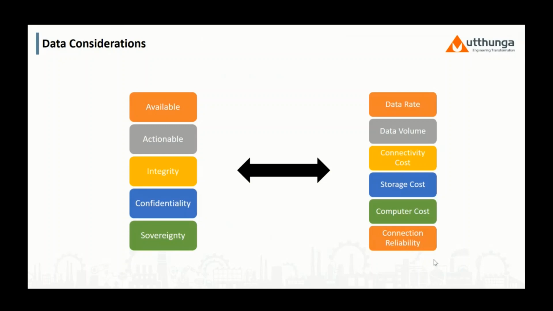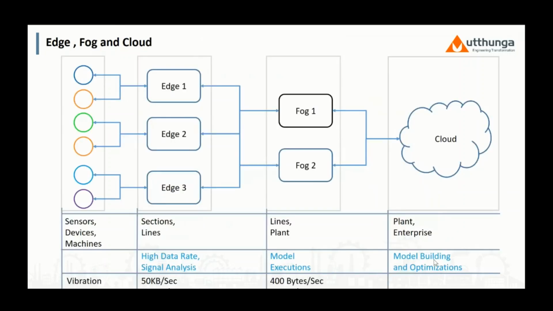And then we have to talk about connectivity cost, storage cost, compute cost, and connection reliability. So once the functional aspects of data are defined, and the technical and commercial challenges are there, that is where the decision as to where to compute what comes into the picture. And that is where edge, fog, and cloud come into the picture.